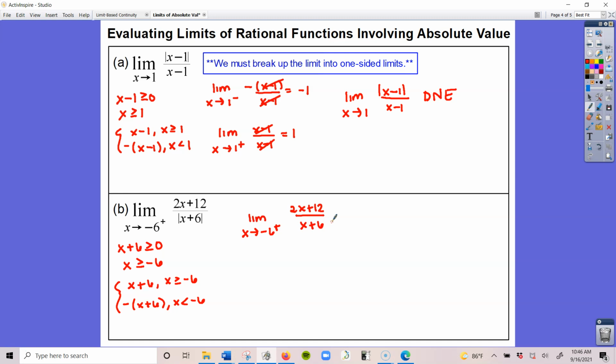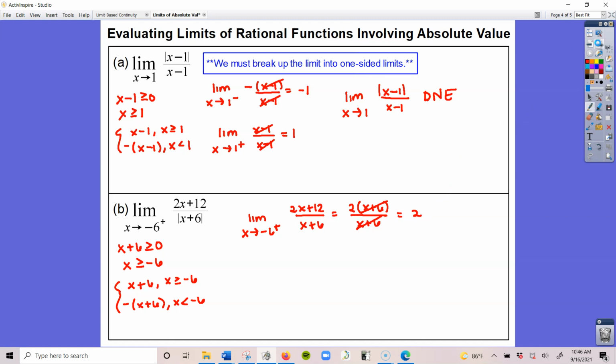Here I would have to factor to find this answer, because I can't just plug in negative 6 since that would give me 0 in the denominator. But if I factor the numerator, I have 2 times x plus 6 over x plus 6, which the x plus 6's would cancel, and I'm left with an answer of 2.